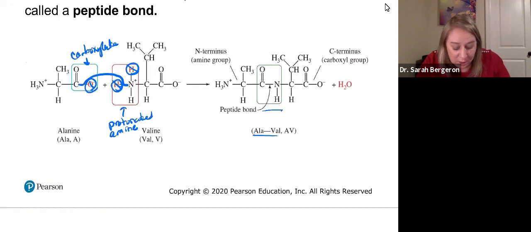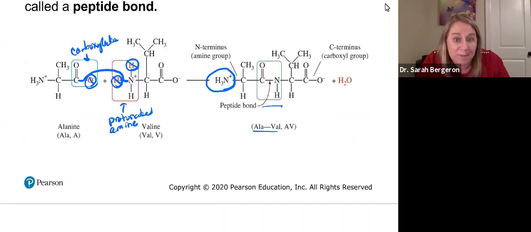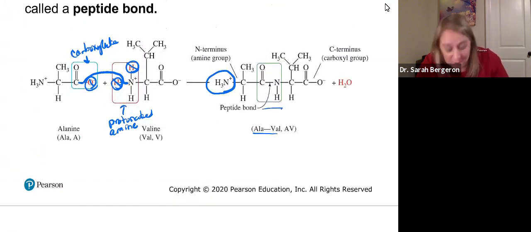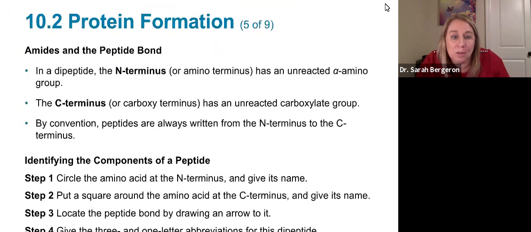So this is our unreacted amino group, right? And then in the C-terminus, or the carboxy terminus, we have an unreacted carboxylate ion right there. So we have our N-terminus and we have our C-terminus. So just keep that in mind when we're looking at those structures.